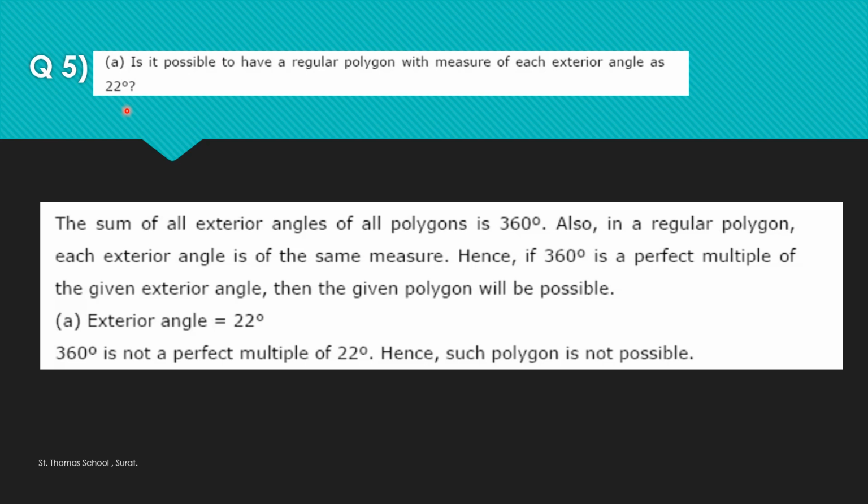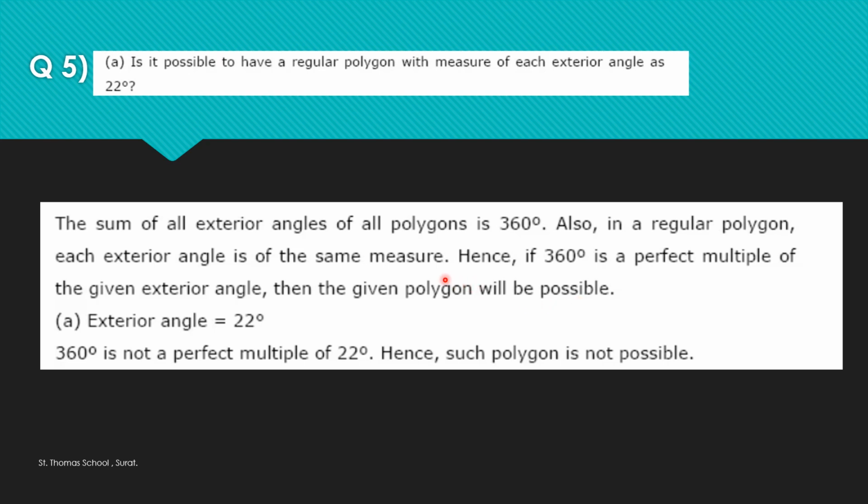So we have to check. The sum of all exterior angles of any polygon is 360 degrees. Already we know. Also, in a regular polygon, each exterior angle is of the same measure. Hence, if 360 is a perfect multiple of the given exterior angle, then the given polygon will be possible.